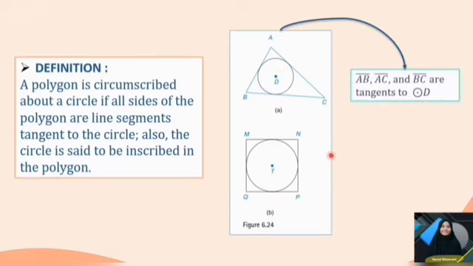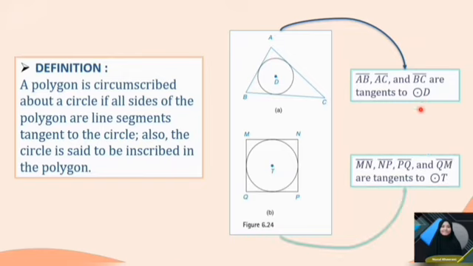In part A, note that line segments AB, AC, and BC are tangents to the circle D. And in part B, note that line segments MN, NP, PQ, and QM are tangents to the circle T.